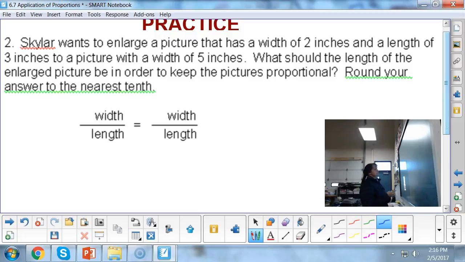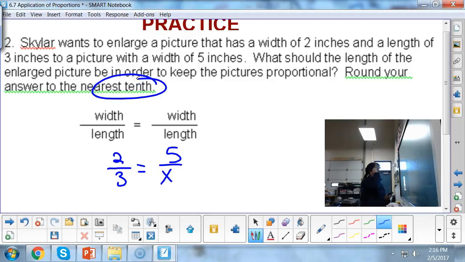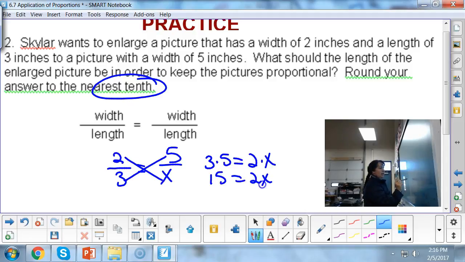So the original picture is 2 inches over 3 inches. And he wants the new width to be 5. And there's our question, what is the length going to be? And they tell us to round to the nearest tenth, which is going to help us out here. So I'm going to cross multiply. I have 3 times 5 is equal to 2 times x. Okay, so 15 is equal to 2x.